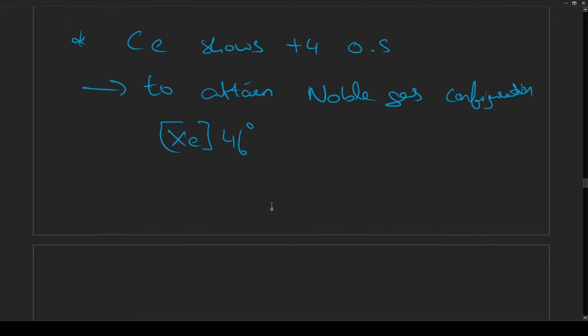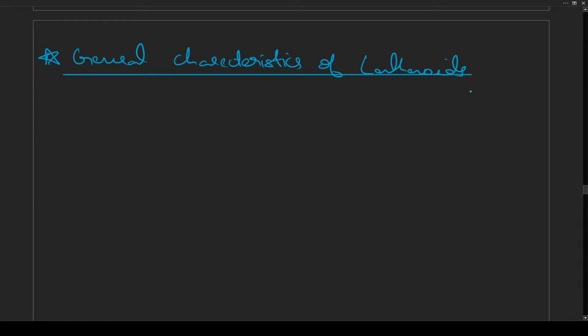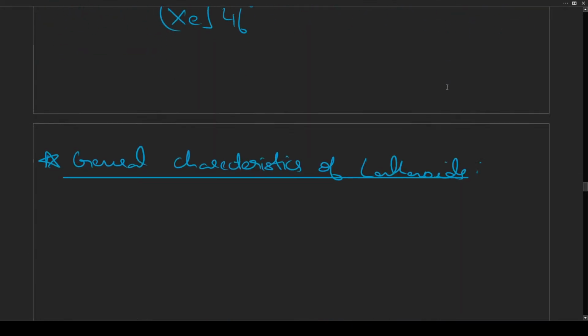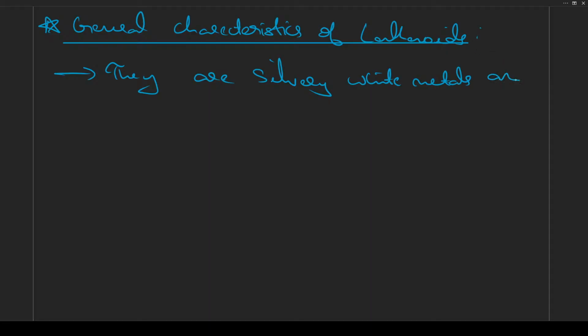The general characteristics of lanthanides. They are silvery white metals, and tarnish rapidly in air.